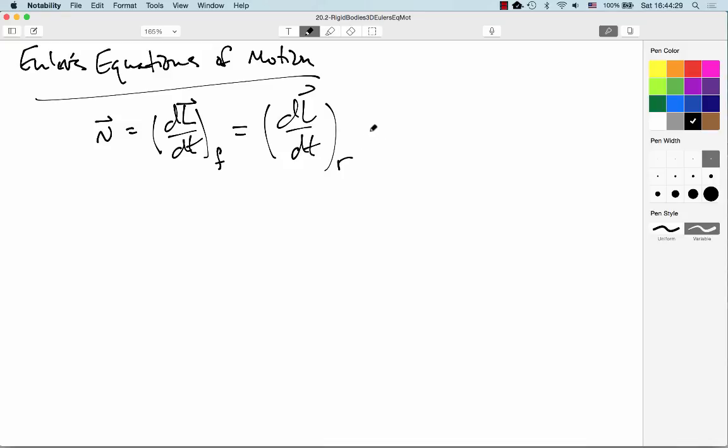Now, this is going to add, we'll have to evaluate the L dot in a rotating frame, and remember, that means that we also have to add in omega cross L. Okay, so that's good. So we've got that L dot in the rotating frame plus omega cross L. So we can go ahead and write that out.